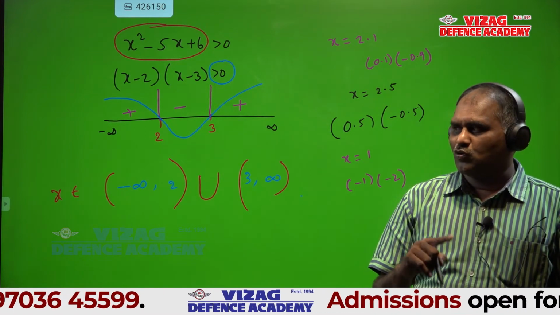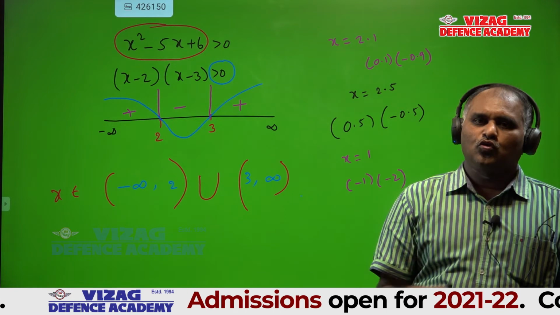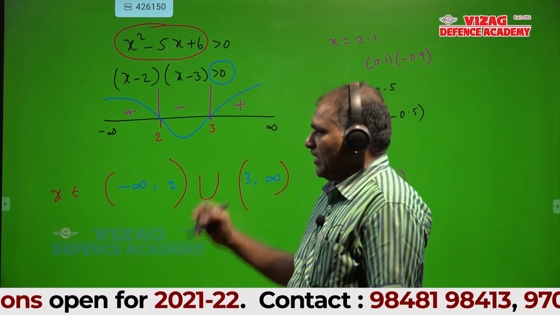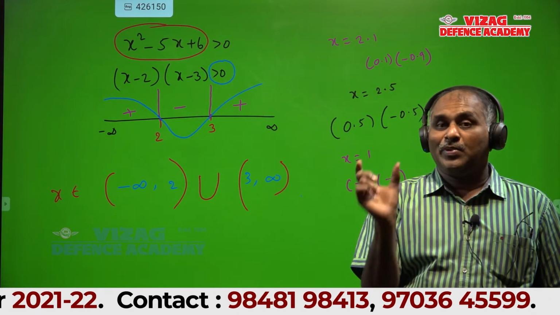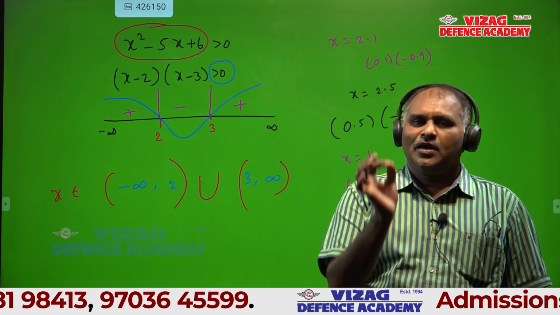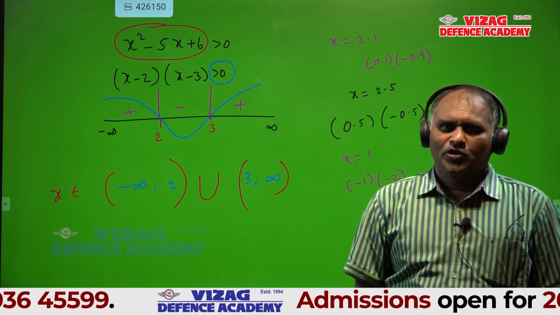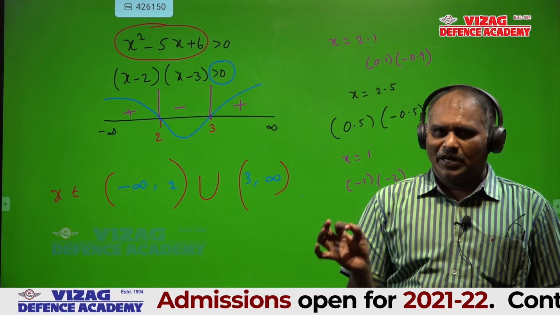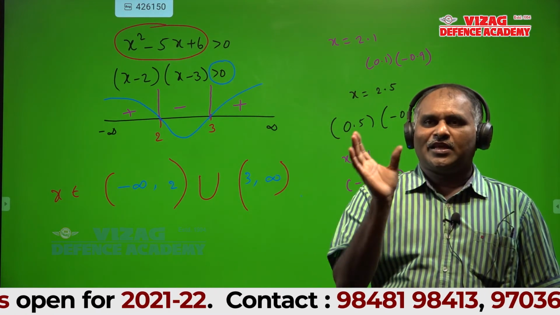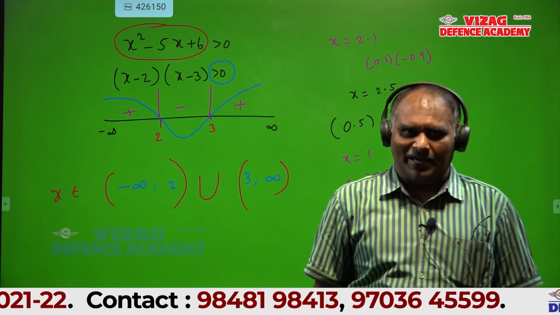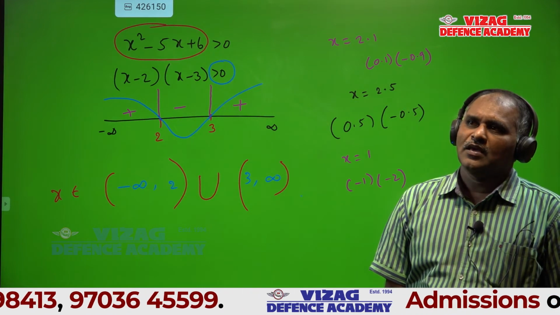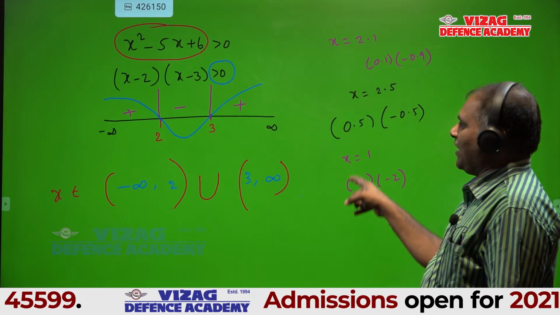In between any partition there are many real numbers; you can take any one real number and check the sign at that number. That is the function sign. That's why I substitute like this.